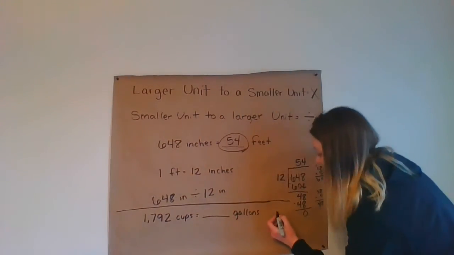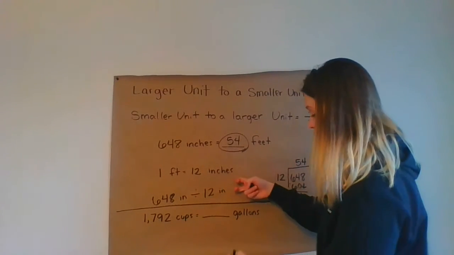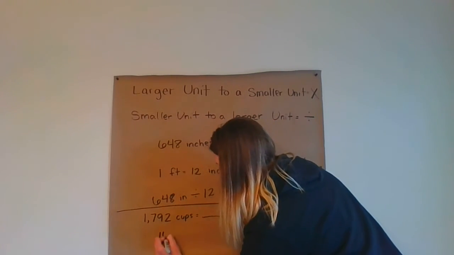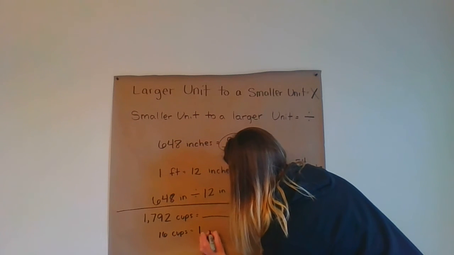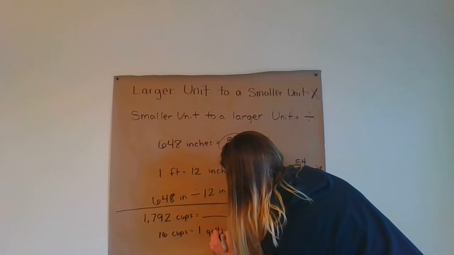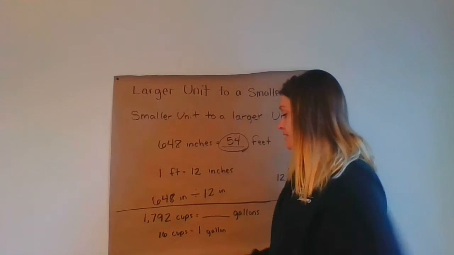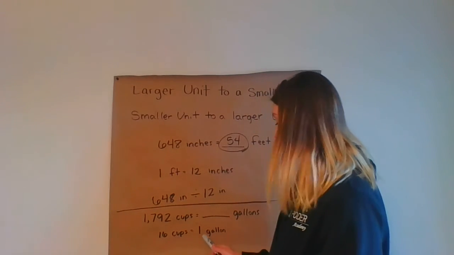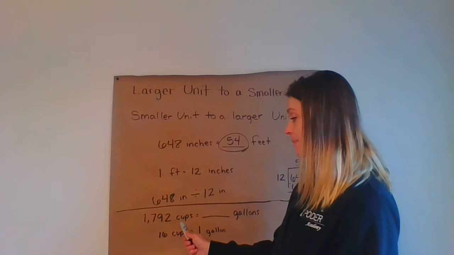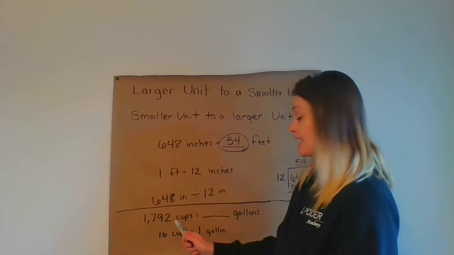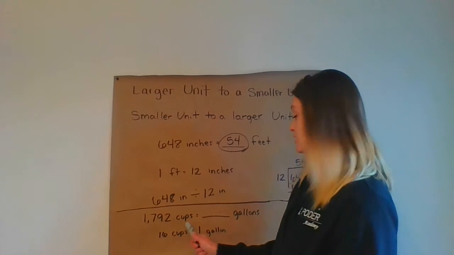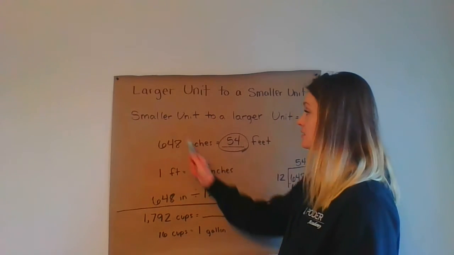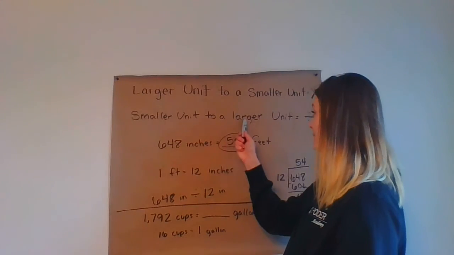Okay, so 16 cups, that's what I need to know. I need to know that 16 cups equals 1 gallon. All right, so since there are 16 cups in a gallon, I know that cups are smaller and gallons are bigger. So I'm going from a smaller unit to a larger unit.